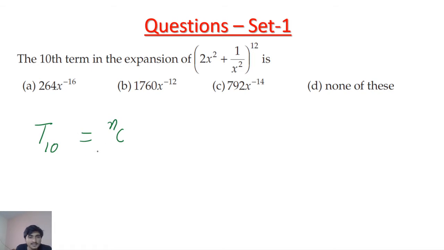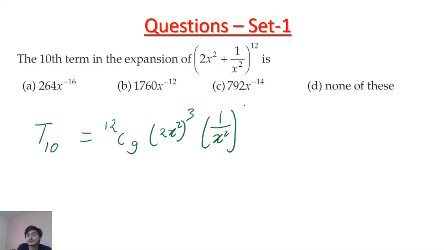Yes, Shreya says it is B. Okay, we'll check it. Can I write it as 12C9? 12C9, then (2x squared) to power 3, and then (1 by x squared) to power 9.